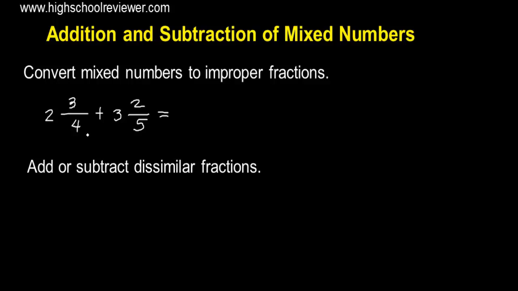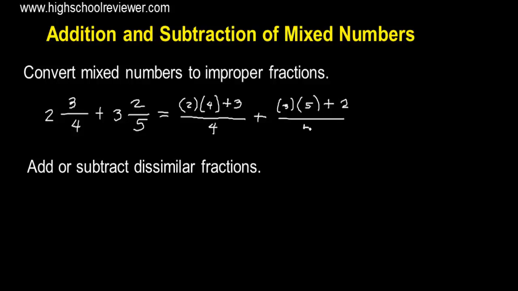Okay, we are going to convert this to improper fractions. We will have 2 multiplied by 4 and then add 3. Copy the denominator, which is 4, plus 3 multiplied by 5 and add 2.